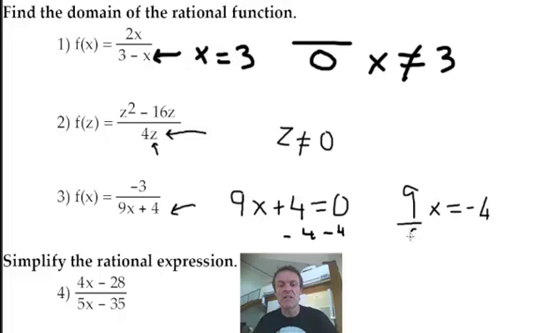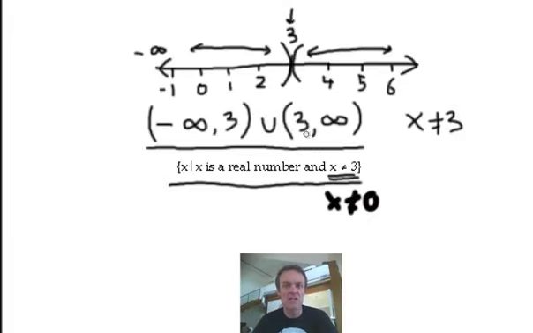Right, divide by 9, so x equals negative 4/9. No, that's what it can't equal. So remember that, x cannot be negative 4/9 because that makes it 0. And again, if we're going back to that other sheet, all that, and x cannot be negative 4/9.